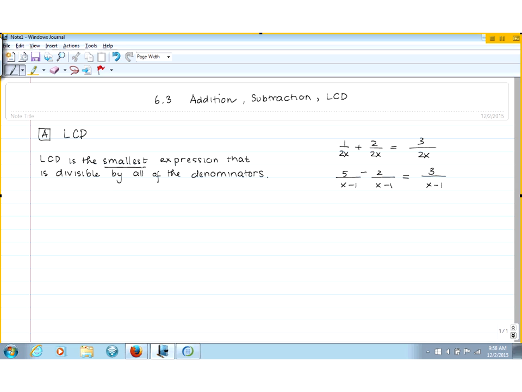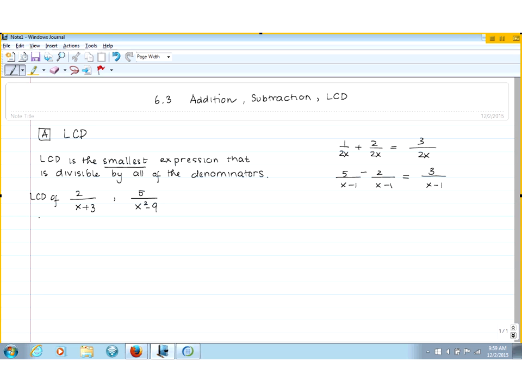Okay, so it is the smallest expression that is divisible by all the denominators. Okay. So I want to find the LCD of, for example, 2 over x plus 3, and for example, 5 over x squared minus 9. So I want to find the LCD of this. Yeah.